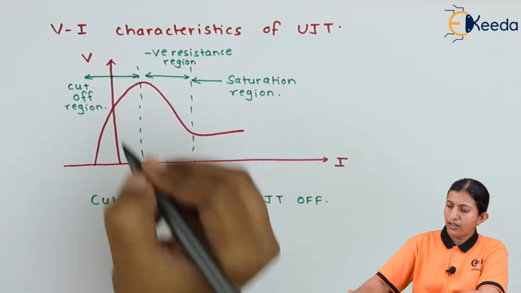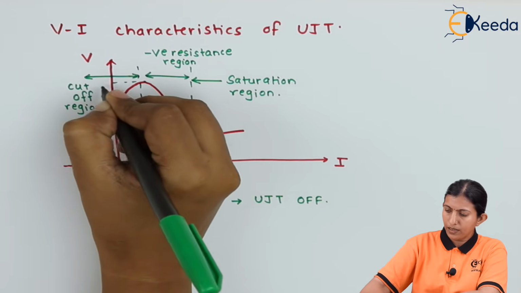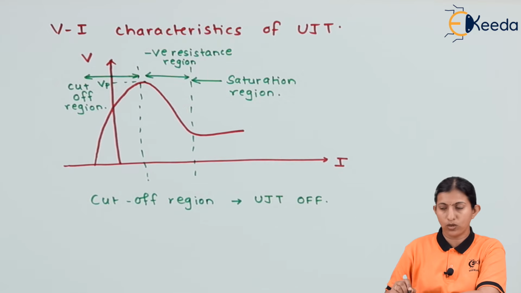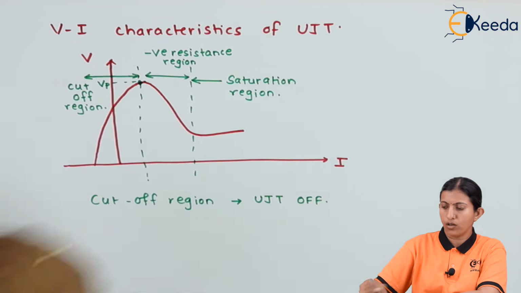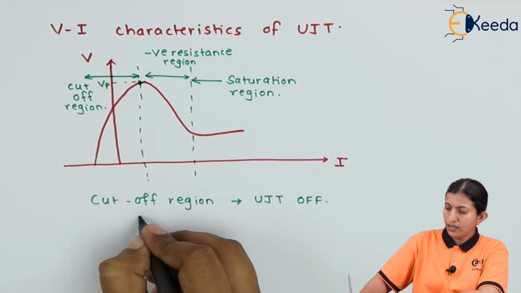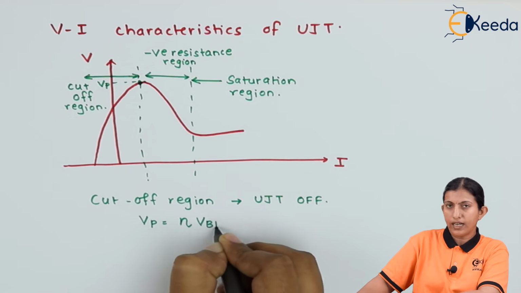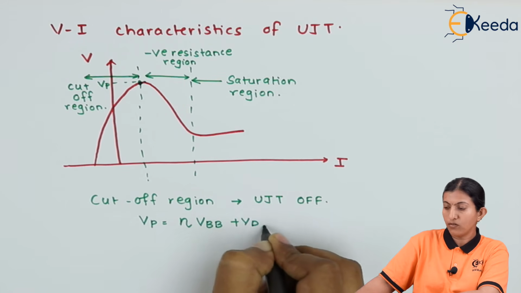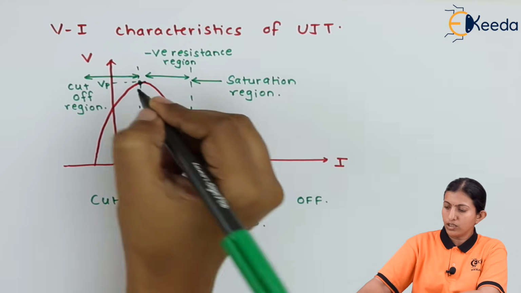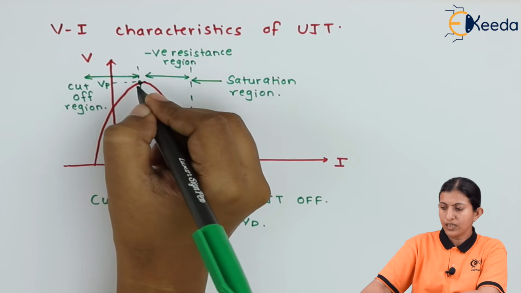Then at this voltage, that is VP, which is the peak point voltage, the UJT is on. So at VP the value of the voltage is equal to eta times VBB plus VD. So at this voltage the UJT will be on.